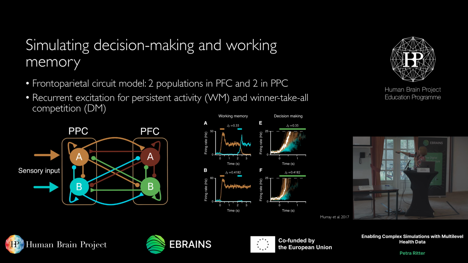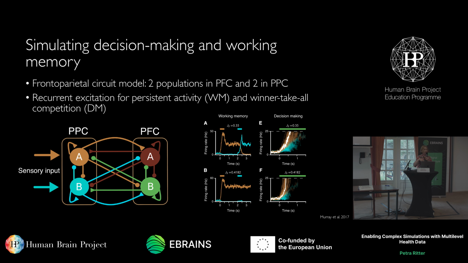And as you can see, they have recurrent excitation, and the recurrent excitation actually is the foundation for persistent activity or high attractor states that can be reached by these populations to mimic working memory.